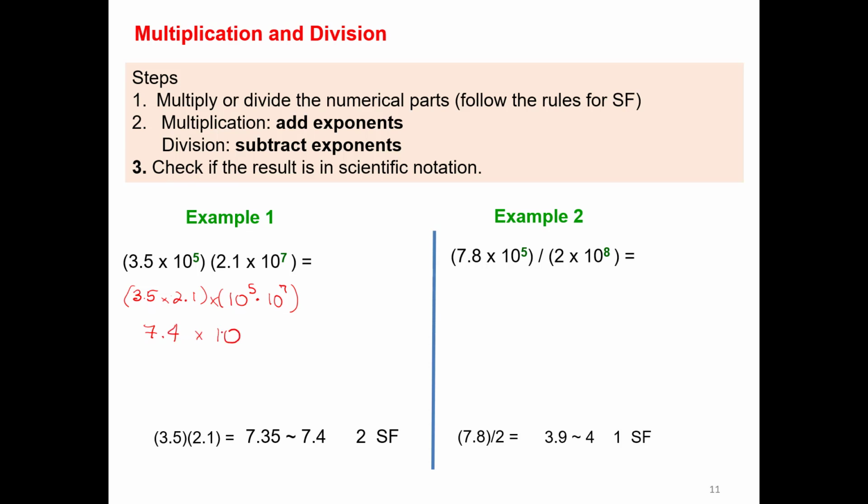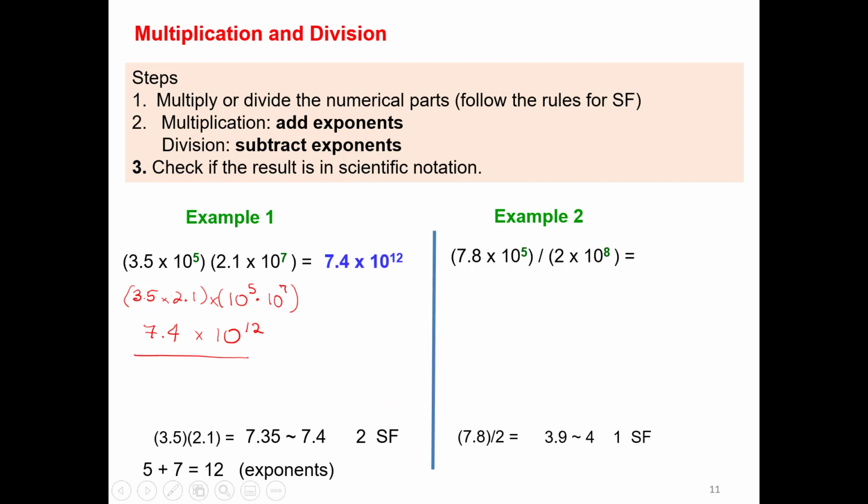Now, for the power of 10, because we had the same base and we are multiplying the powers, we need to add the exponents. Then we need to add 5 plus 7 equals 12. And the correct answer is 7.4 times 10 to the power 12.